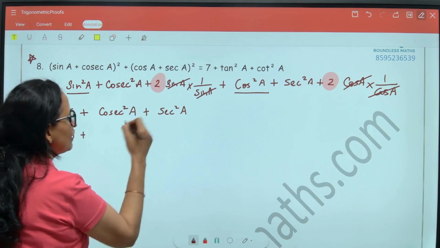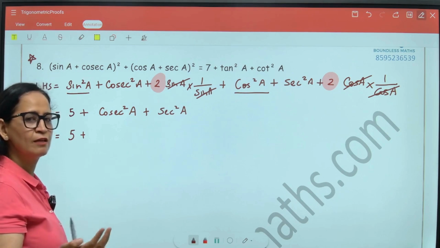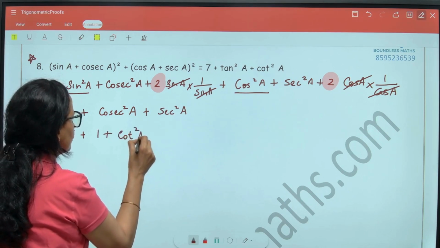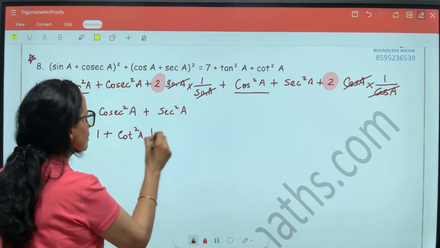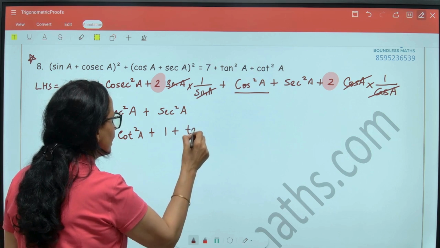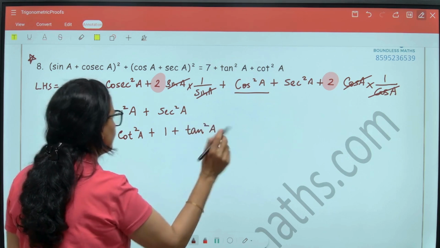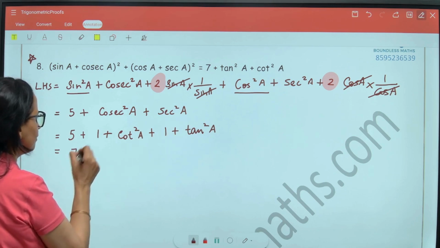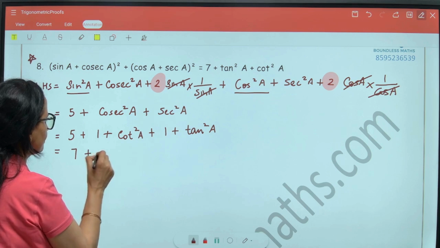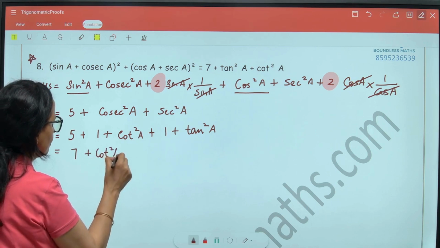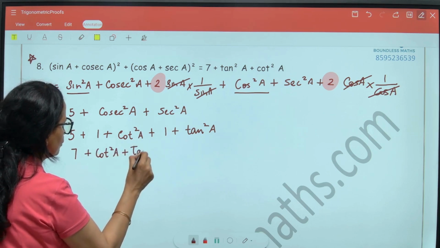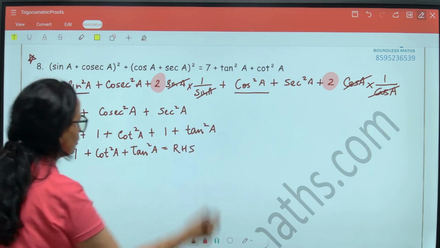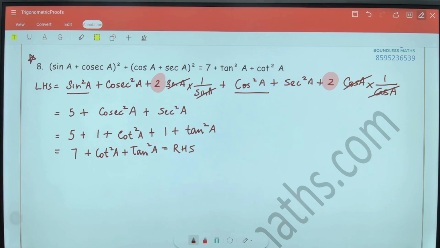Cosec²A is 1 plus cot²A, and sec²A is 1 plus tan²A. Wonderful, you remember the identities. So the constants become 5 plus 1 plus 1, which is 7, plus cot²A plus tan²A, which is what we have on the right hand side, and it is done. Such a simple question. Easy?